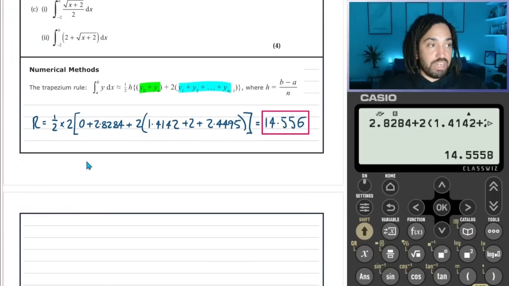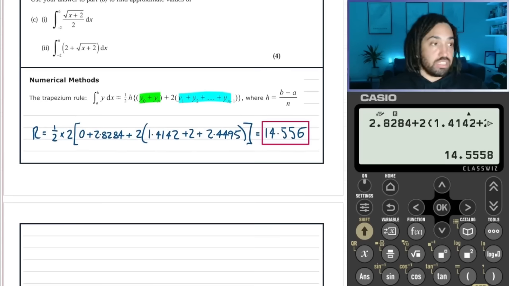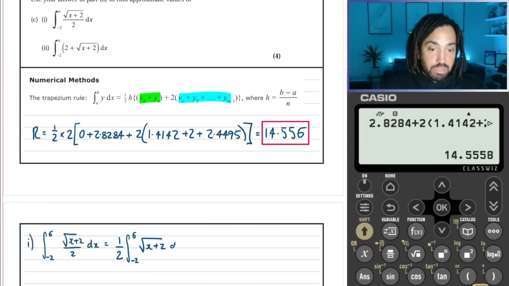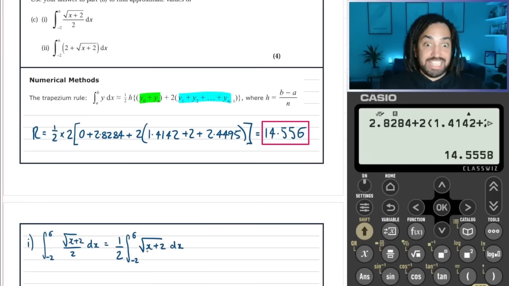Okay, so let's just rearrange that integral then to get one which is similar to what we've just got. So we can say that the integral between 6 and -2 of the square root of x plus 2 over 2 dx is the same as, well, we could take that over 2, the half, outside because it's constant, like so. And then the integral is now the exact same thing that we did the trapezium rule for.